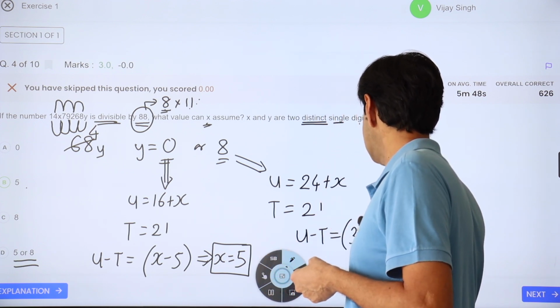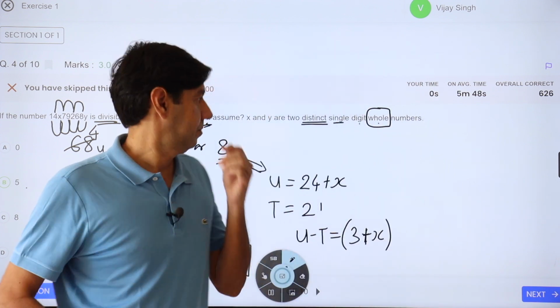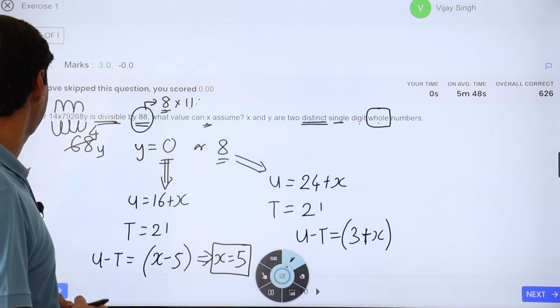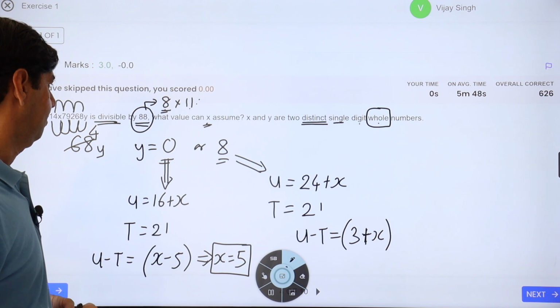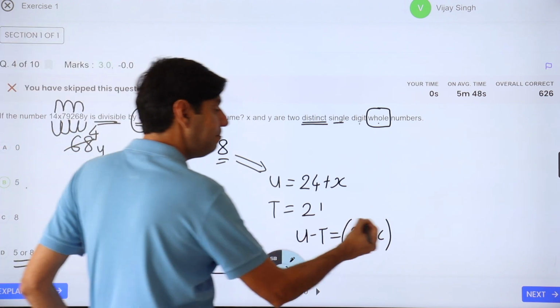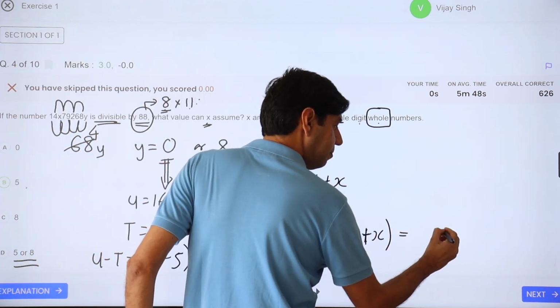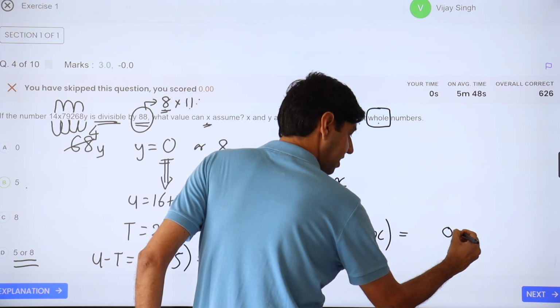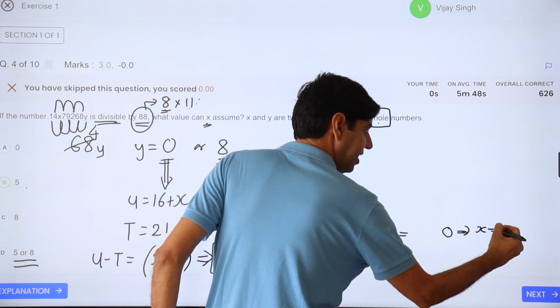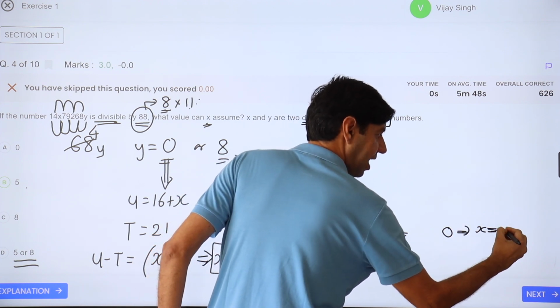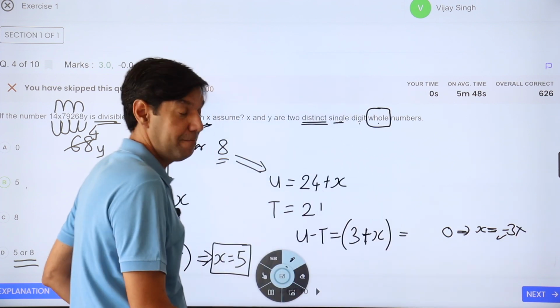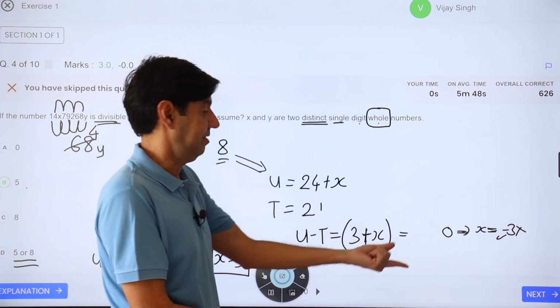Now if 3 plus x, yeah, pay attention to this, 3 plus x. If you want it to be 0, this gives me x is equal to minus 3. But since it's a digit, you can't have a minus 3. But remember, this could even be 11.